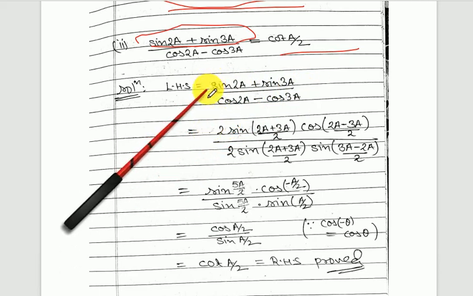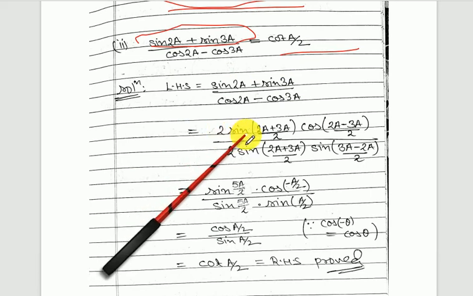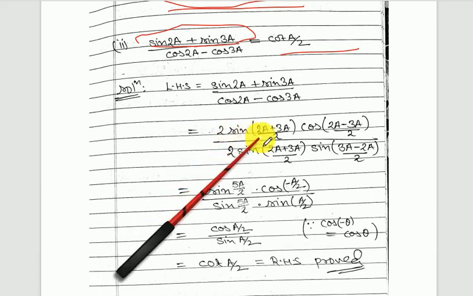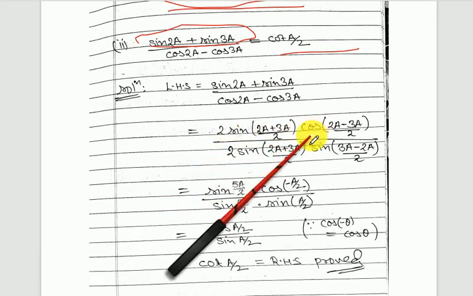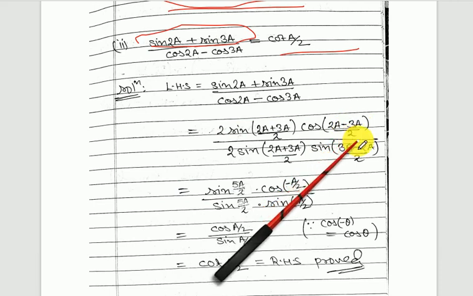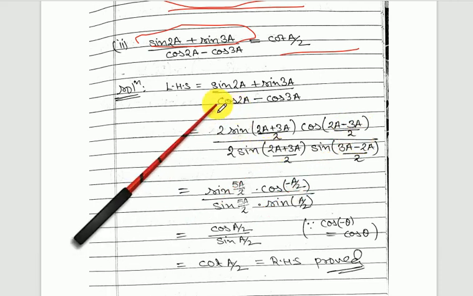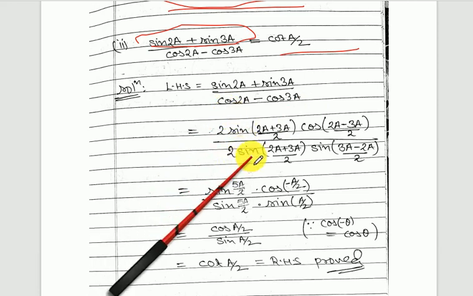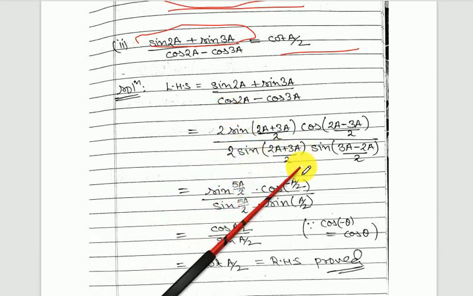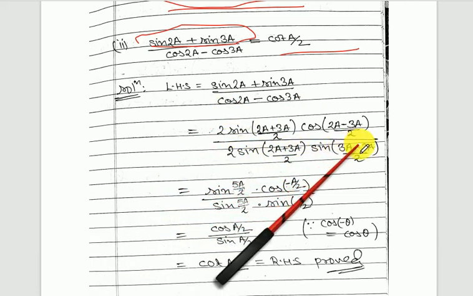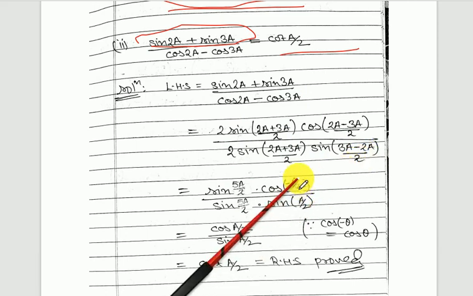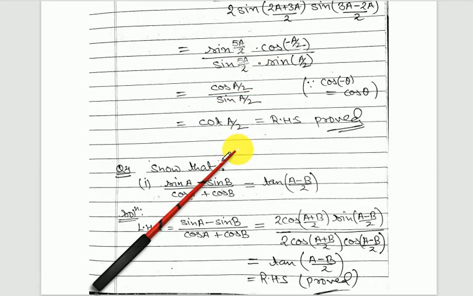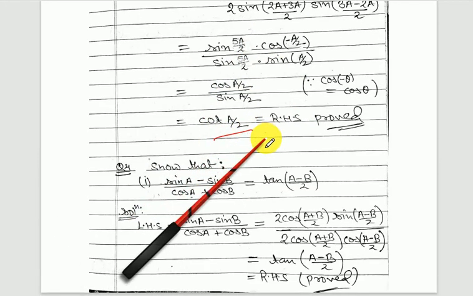So you know the sine C plus sine D formula will give you 2 times sine C plus D upon 2 into cos C minus D upon 2. And this is the cos C minus cos D format, so you will get 2 times sine C plus D upon 2 into sine D minus C upon 2. So you simplify it, and at the end you will get your right hand side.